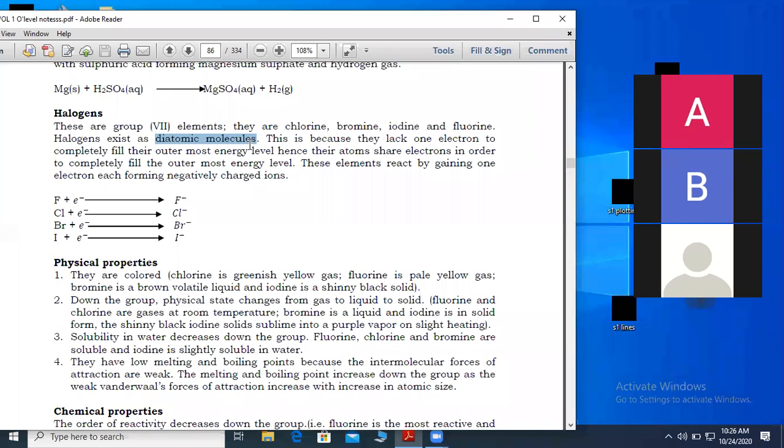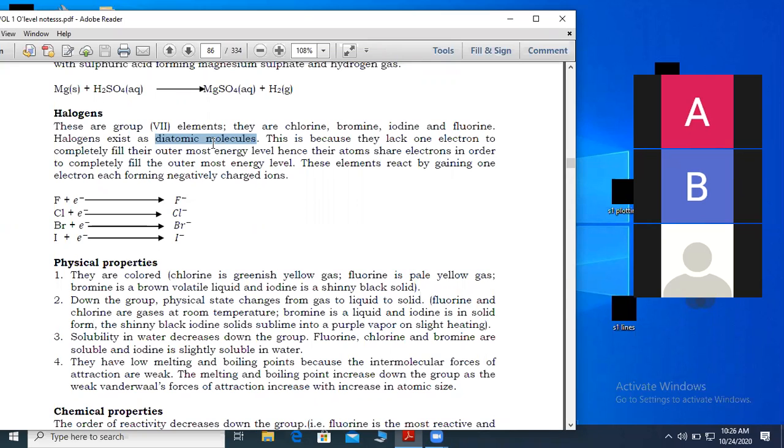So these gases, these group 7 elements, they exist as diatomic molecules because they lack one electron in the outermost energy level to get 8 or to become stable. For example, if you are to write the electronic configuration of chlorine, its atomic number is 17.